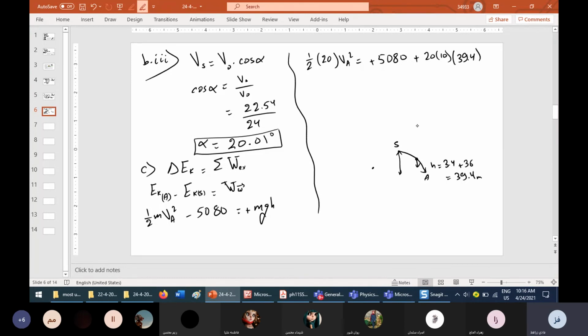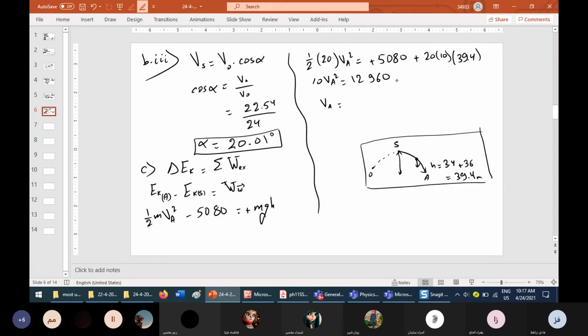Will you proceed with the calculation? Half of 20 is 10 VA squared. Added together, somebody help me please, what does VA squared equal? 12,960 divided by 10.